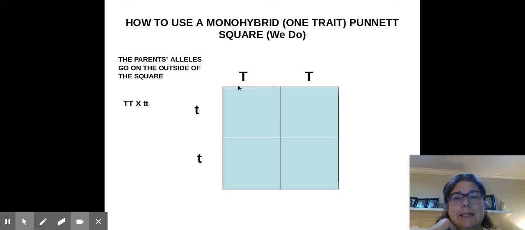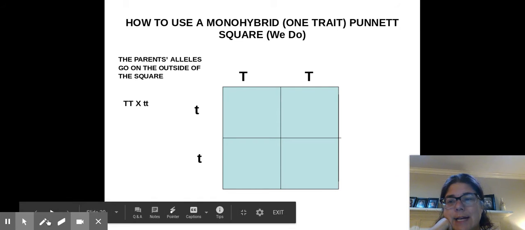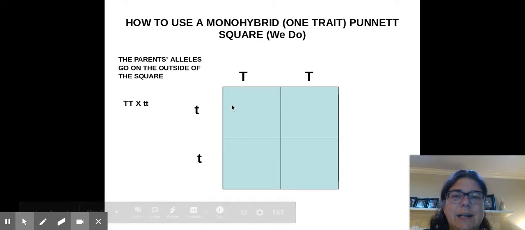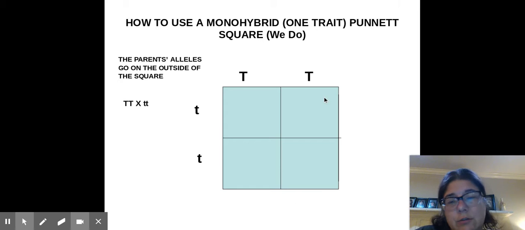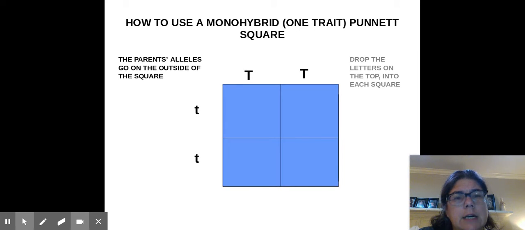Now we're going to cross it. When I say cross it, what that means is that we are going to take the big T and fill in anything in the column below it. So big T goes here and a big T goes here. And then the little t's will fill in across, horizontally. So drop the letters on the top into each square.